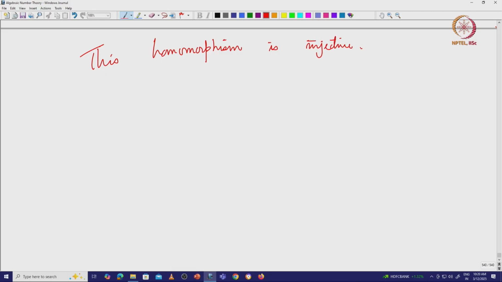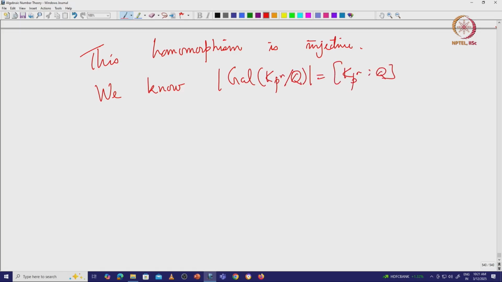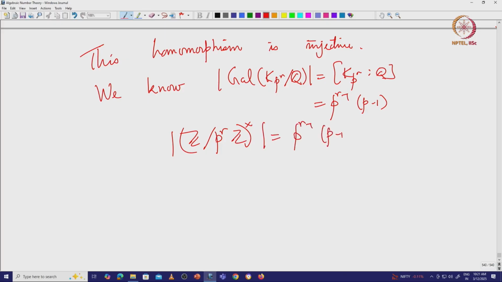But now we know that the number of elements in the Galois group of K p to the r over Q is equal to the degree of K p to the r over Q, which is p to the r minus 1 into p minus 1, and the number of elements in (Z mod p to the r Z) cross is also p to the r minus 1 into p minus 1.